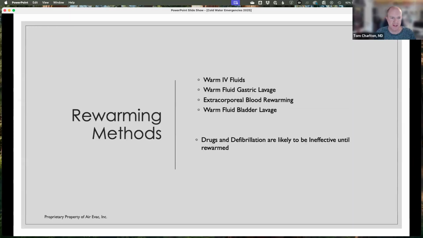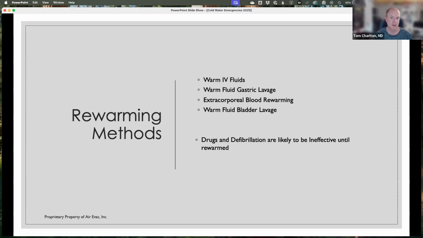So there's some different ways that we can rewarm patients. Some of the things that we talk about are warm IV fluids. Well, one of the problems with warm IV fluids is we don't really in the field have fluid warmers, like we do at the hospital.